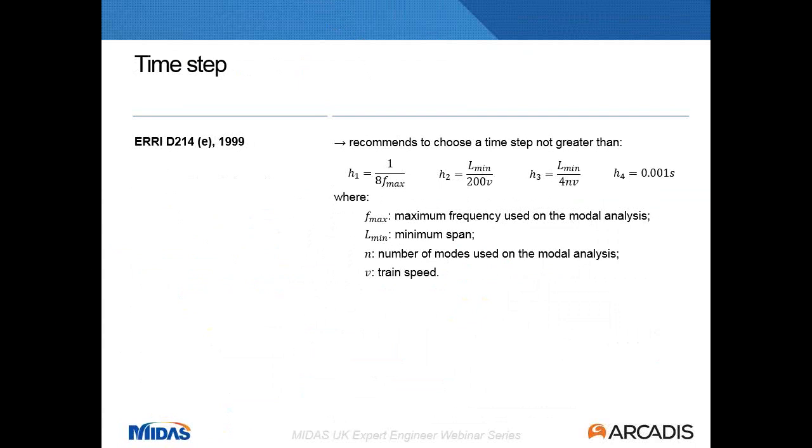Which timestep should we use? Well, for the timestep, there is no recommendation in the Eurocodes, but the report that this committee prepared, that I've already introduced before, gives a series of recommendations of the maximum timestep that you should use.